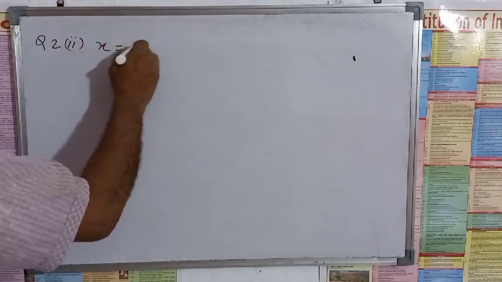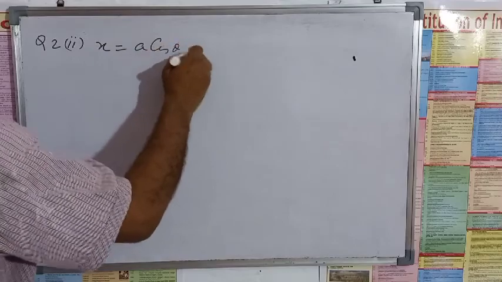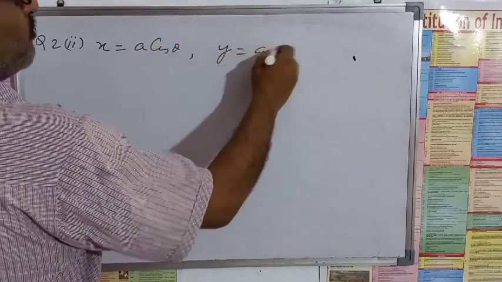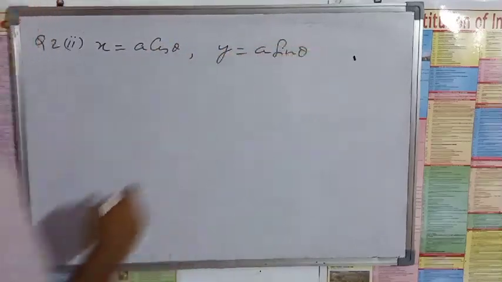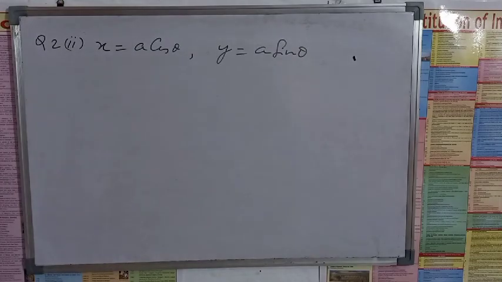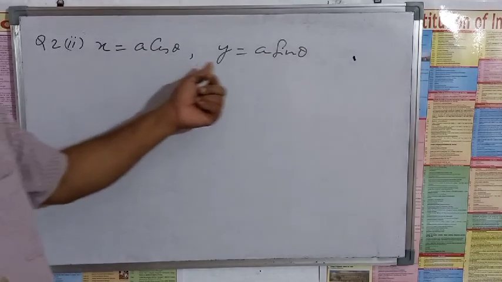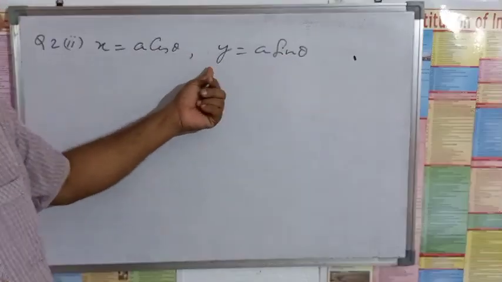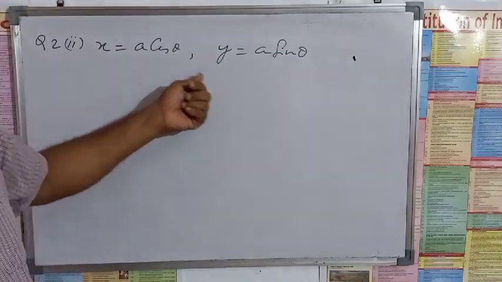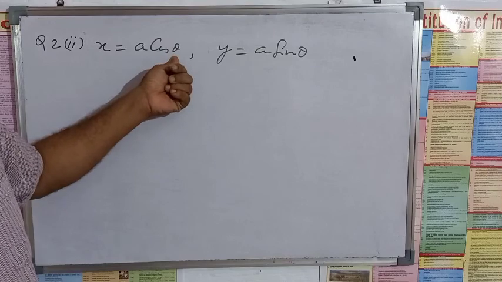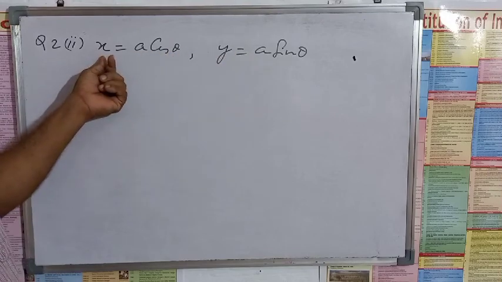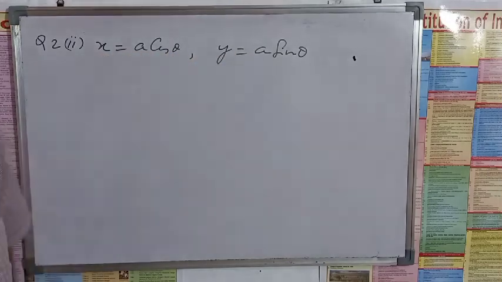It is given here x is equal to a cos theta, y is equal to a sin theta. We have to find dy by dx. What is the parameter here? Theta is the parameter. We will differentiate both x and y with respect to theta.